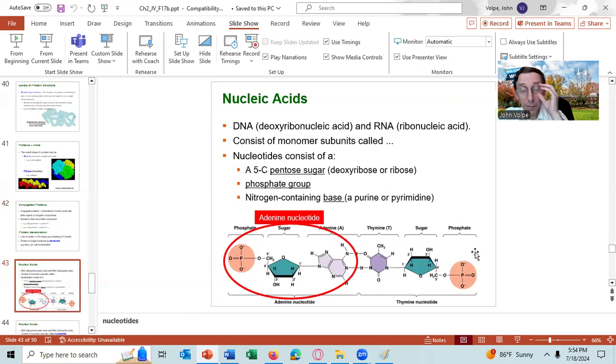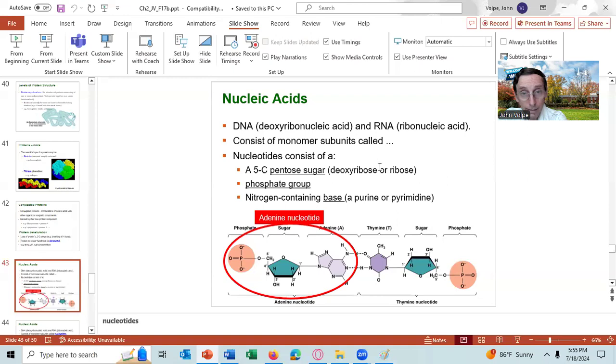All right, let's move on to nucleic acids. There are two nucleic acids, DNA and RNA, and you can call them this. You can also call DNA deoxyribonucleic acid and RNA ribonucleic acid. Each of these nucleic acids consists of monomers that we call nucleotides.